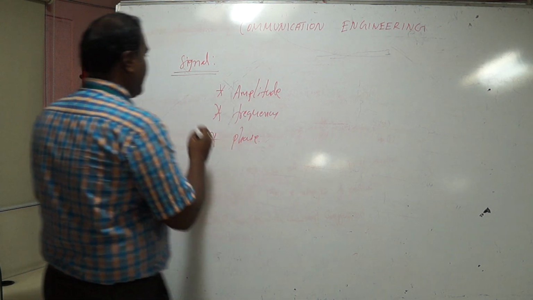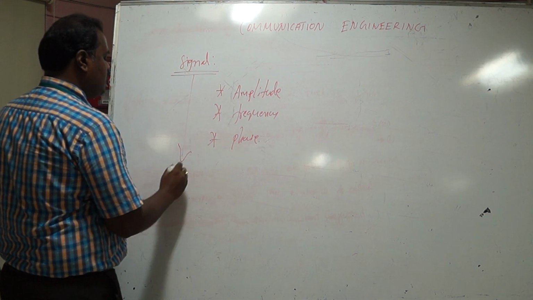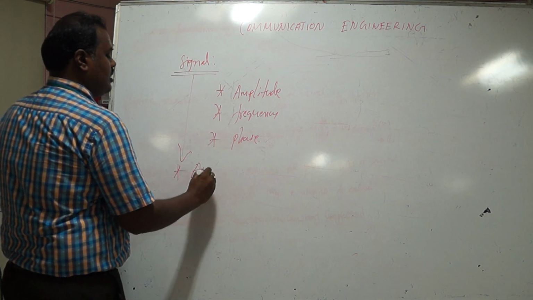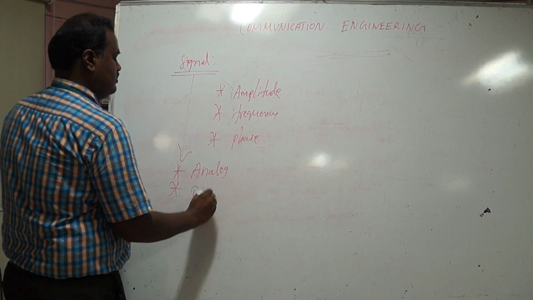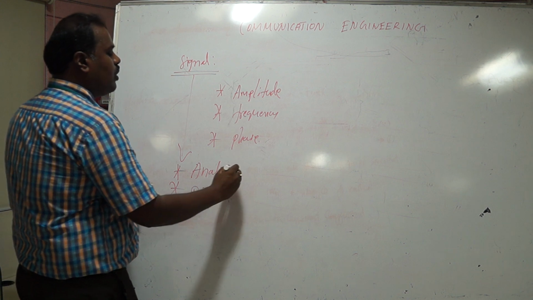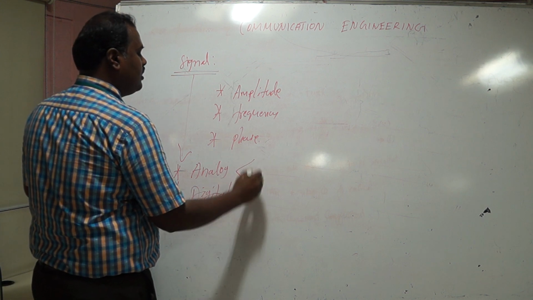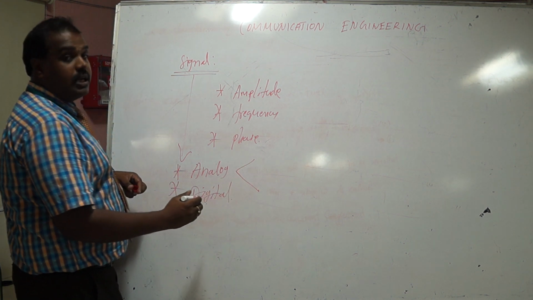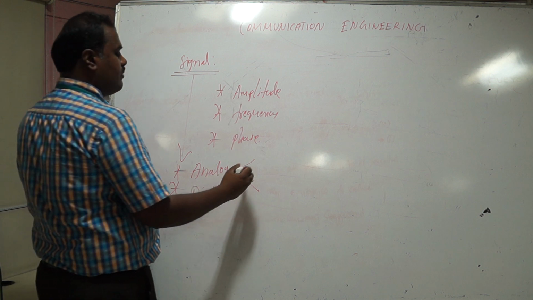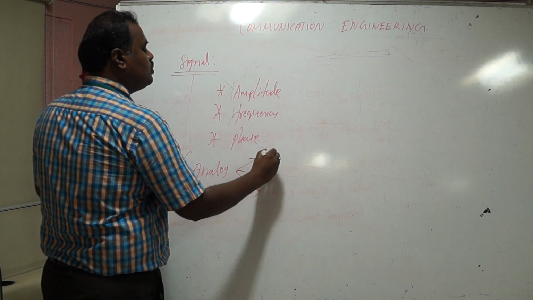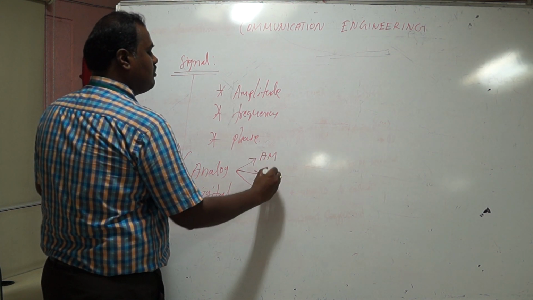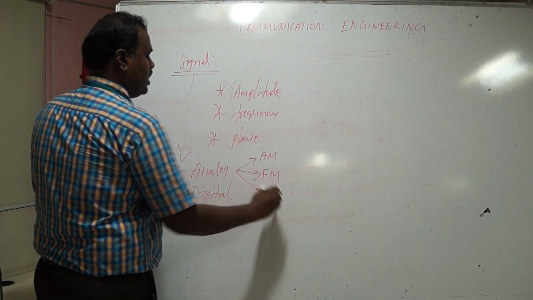Let me take the types of signal now. We have two types of signal, analog and digital. If you want to increase the performance of analog, we have analog types. There are three types: amplitude modulation, frequency modulation, phase modulation.